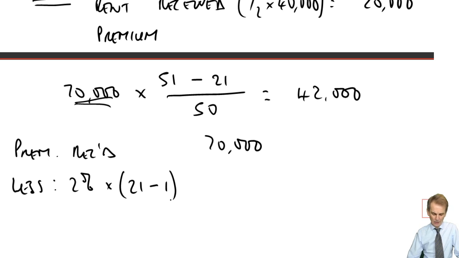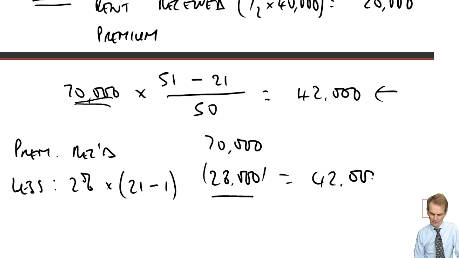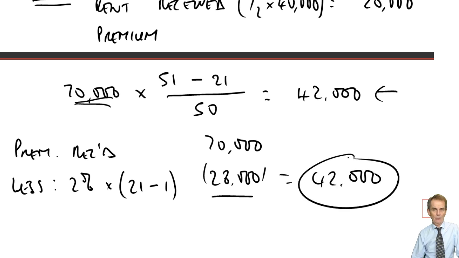That, therefore, is 20. 20 times 2% is 40%. Obviously, up here, we've taxed 60%. All I'm now doing is to work out the bit to be deducted from 100%. That is 40%. 40% of 70 is 28. Take it away, equals the self-same 42,000.